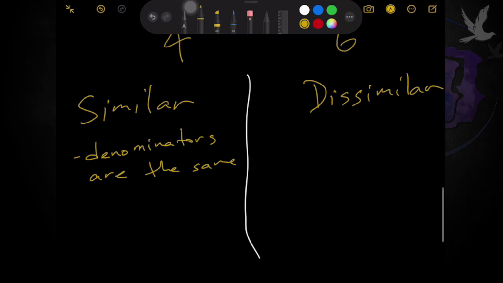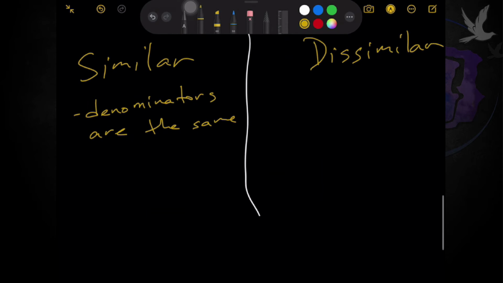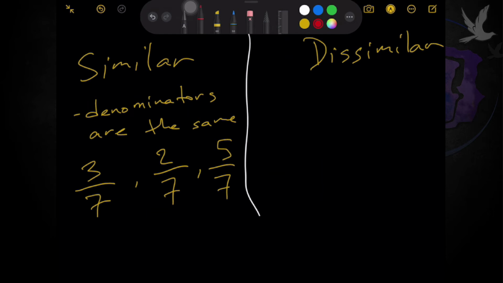So, ibig sabihin, if you have two fractions put together, such as, for example, 3 out of 7, the other one should have the same denominator, such as 2 out of 7 or 5 out of 7. So, if you notice, these three fractions are similar fractions because their denominators are the same.